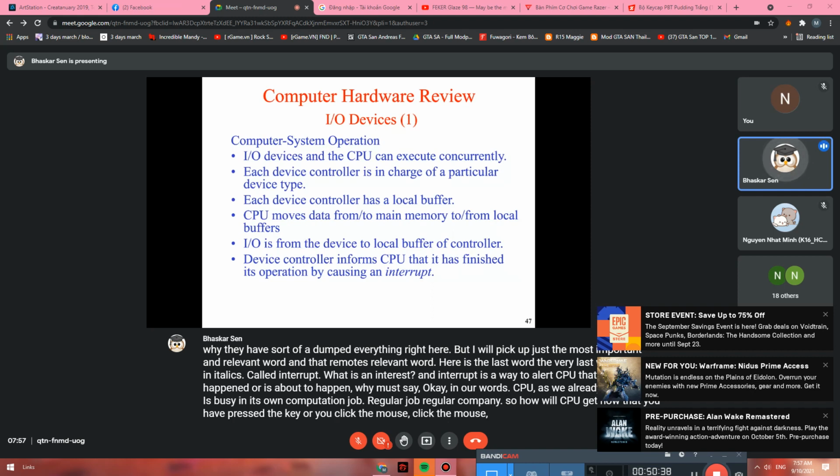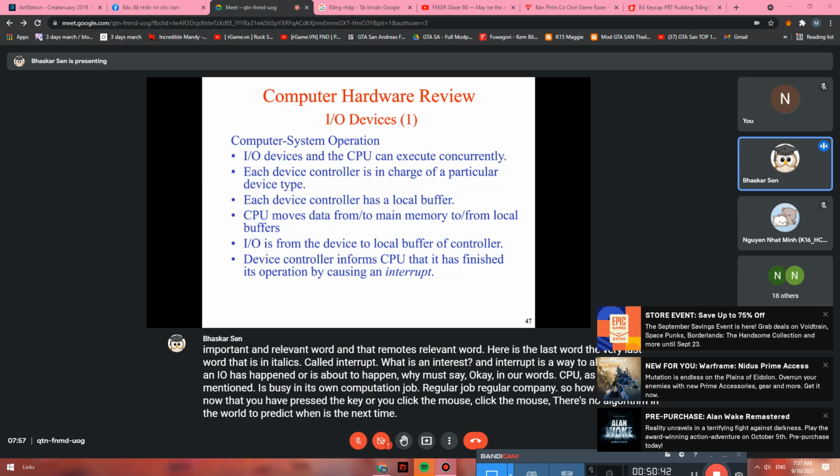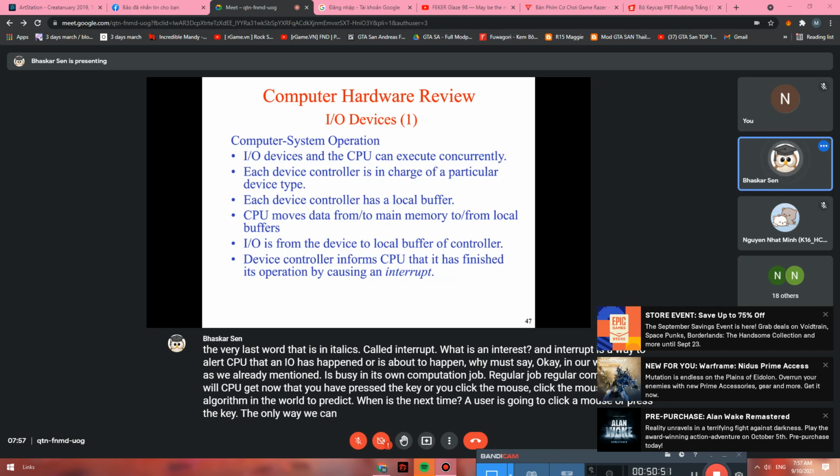There's no algorithm in the world to predict when is the next time a user is going to click a mouse or press a key. The only way we can communicate it to the CPU is by generating what we call an interrupt.